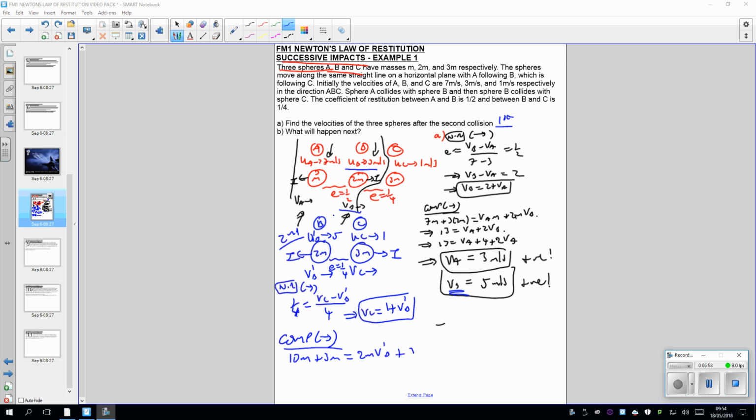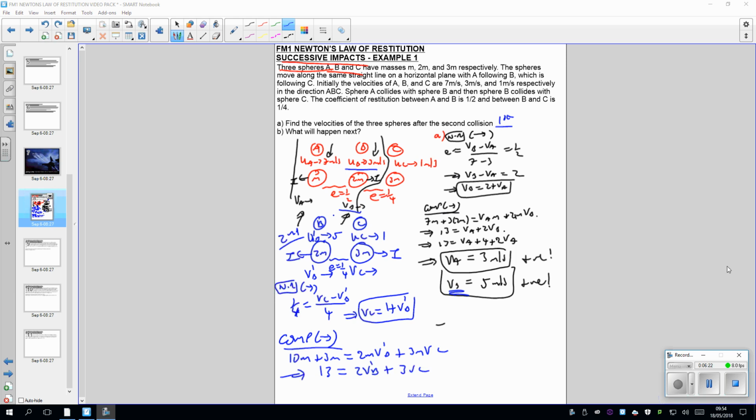plus 3m times VC. The m's cancel, so I get 13 equals 2VB dash plus 3VC.